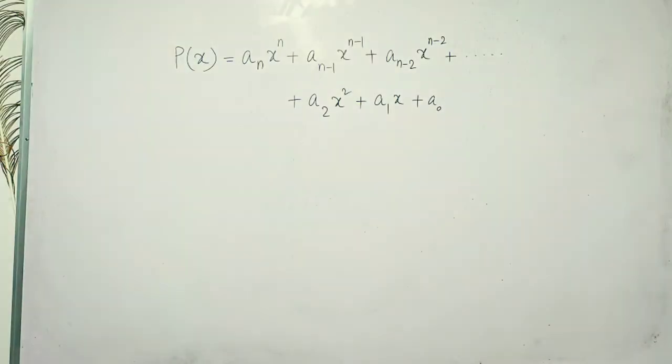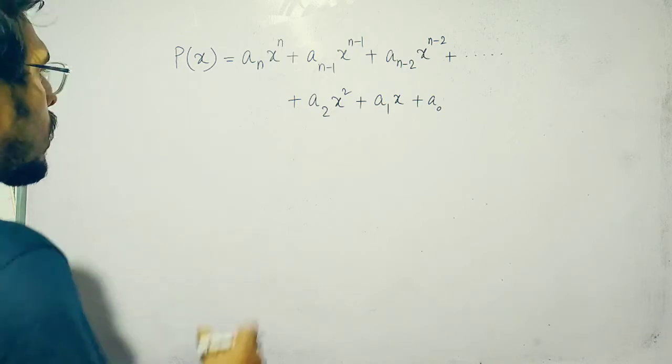So this is the official structure of a polynomial. This is how the equation is given.